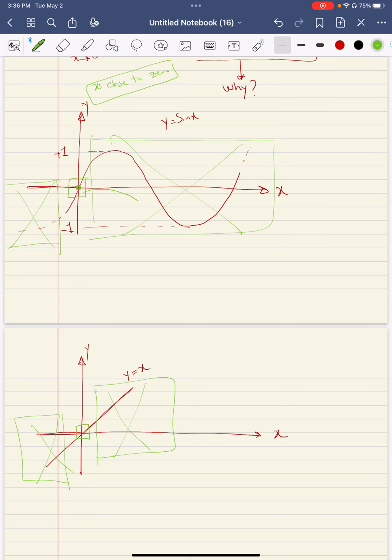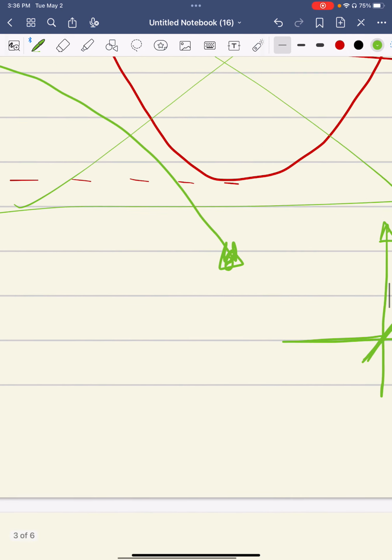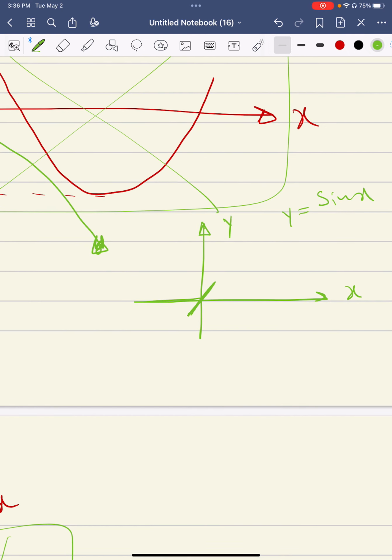So we should zoom in to this part and see what is going on. If we zoom in to this part, again it is y equals sine x. We will get to something like a line, correct? If you really zoom in, you will get to something like a line.